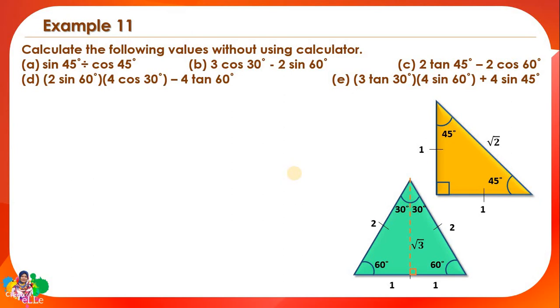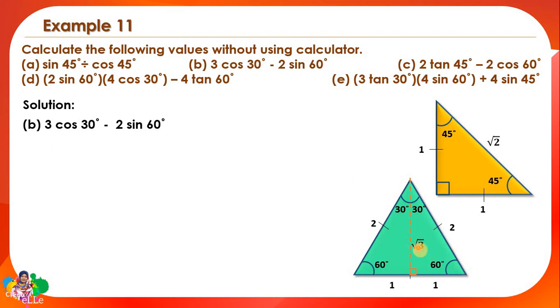Now look at question B. The solution for 3 cos 30 minus 2 sin 60. This means 3 times cos 30. So you refer to this angle. Cos 30 is adjacent over hypotenuse.